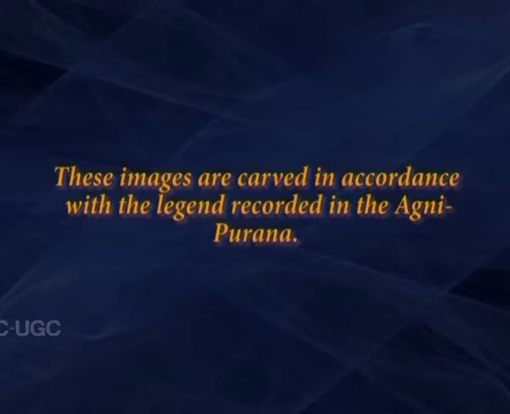They carry a rosary in the raised right hand and a vessel in the left. Mithuna figures are carved on the upper panel and fine scrolls are executed on the lower relief with a male figure playing on flute. These images are carved in accordance with the legend recorded in the Agni Purana.